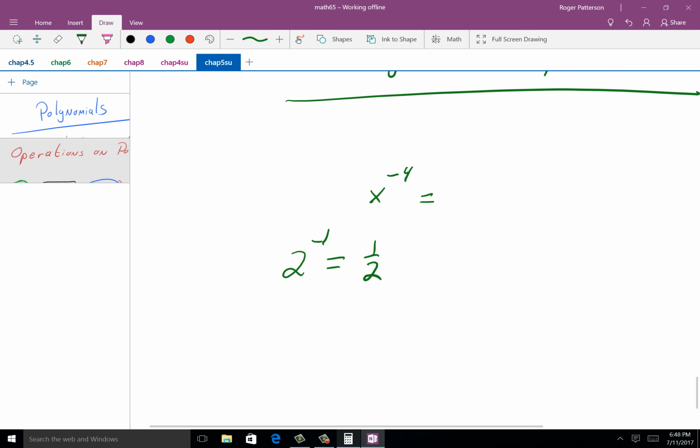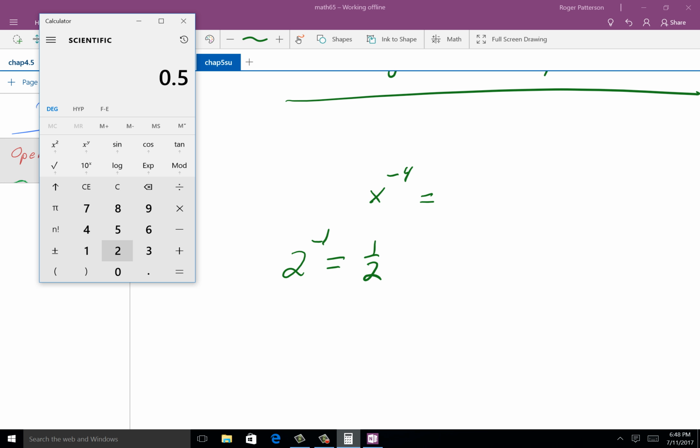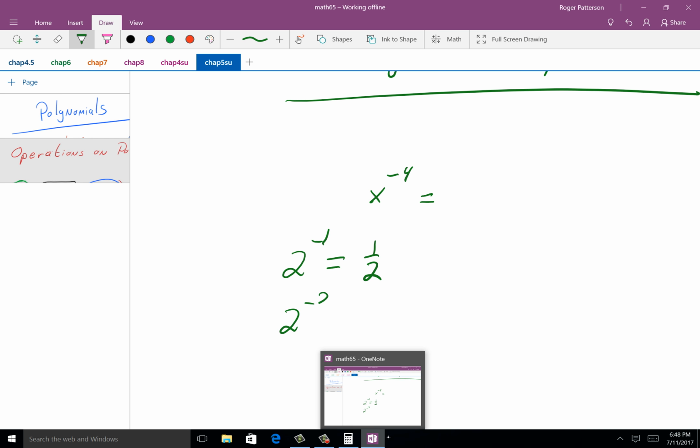If I go 2 to the negative 2, I get 0.25. So 2 to the negative 2 equals 1/4.